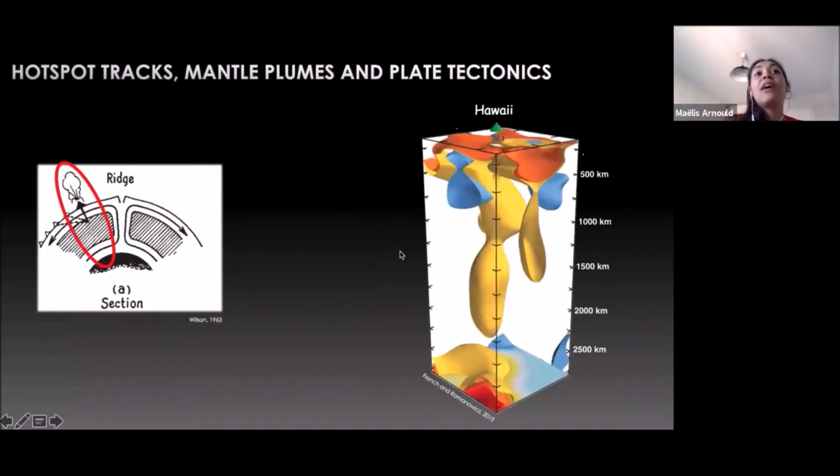And now, thanks to seismology, we have a clear picture of what's below most hotspot tracks, especially below oceans. And those are mantle plume conduits, and they are focused areas of hotter and more buoyant than average mantle that would lead to slow seismic speeds and hotspot magmatism at the surface of the Earth.